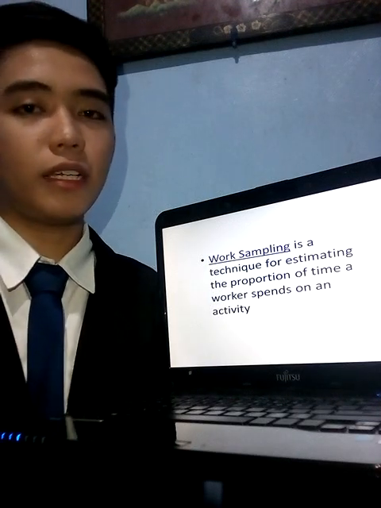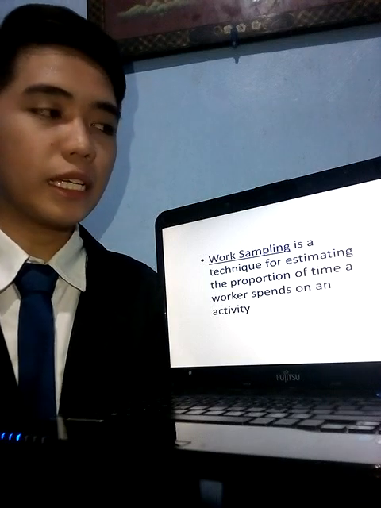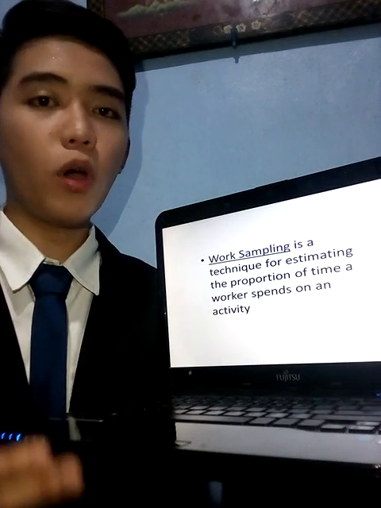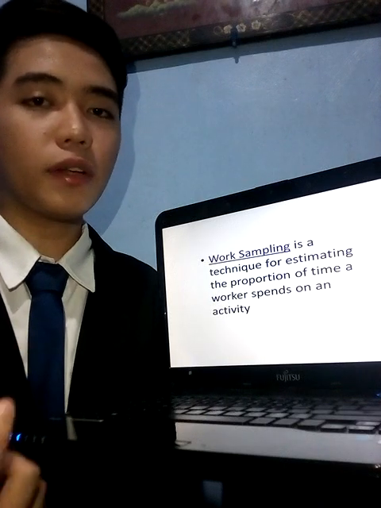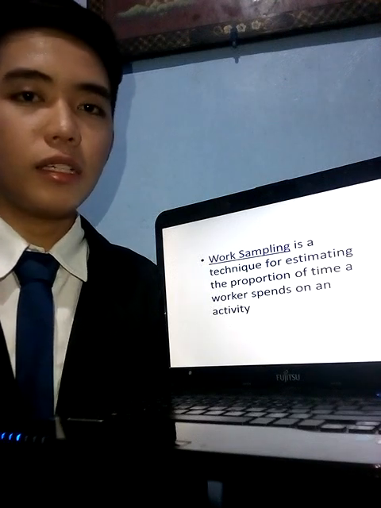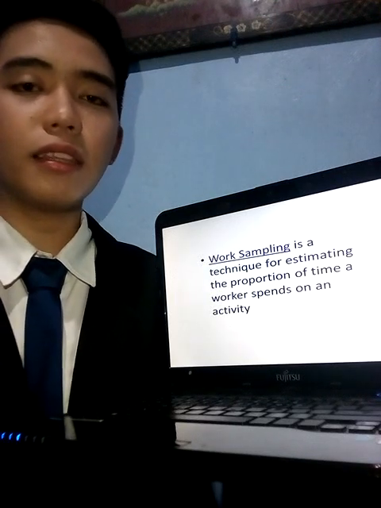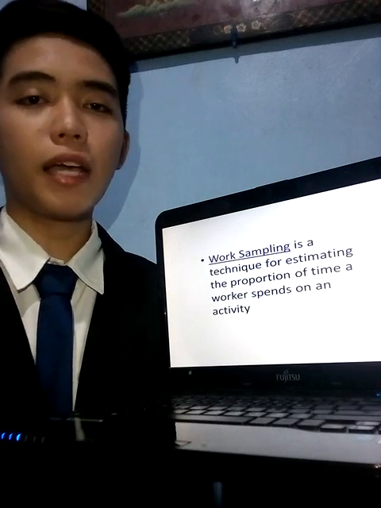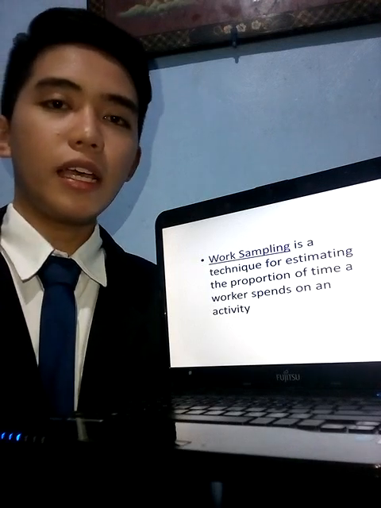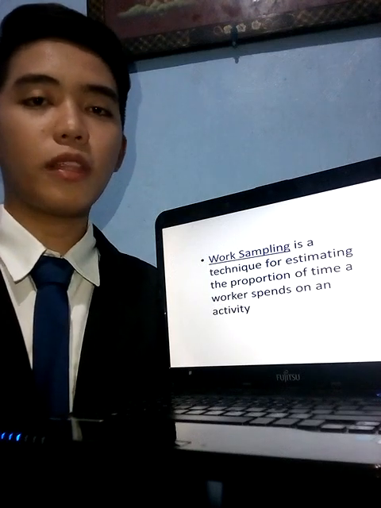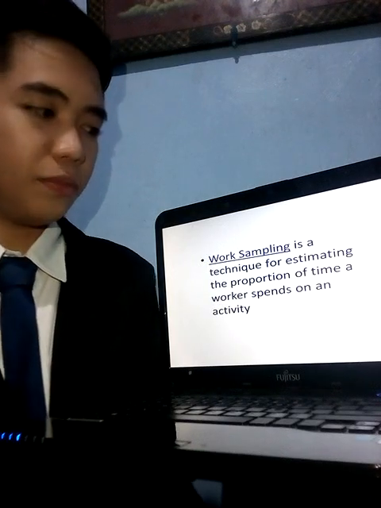So work sampling does not specify how long it takes the secretary to generate a particular letter, but it does say what proportion of time is typically spent on generating letters.